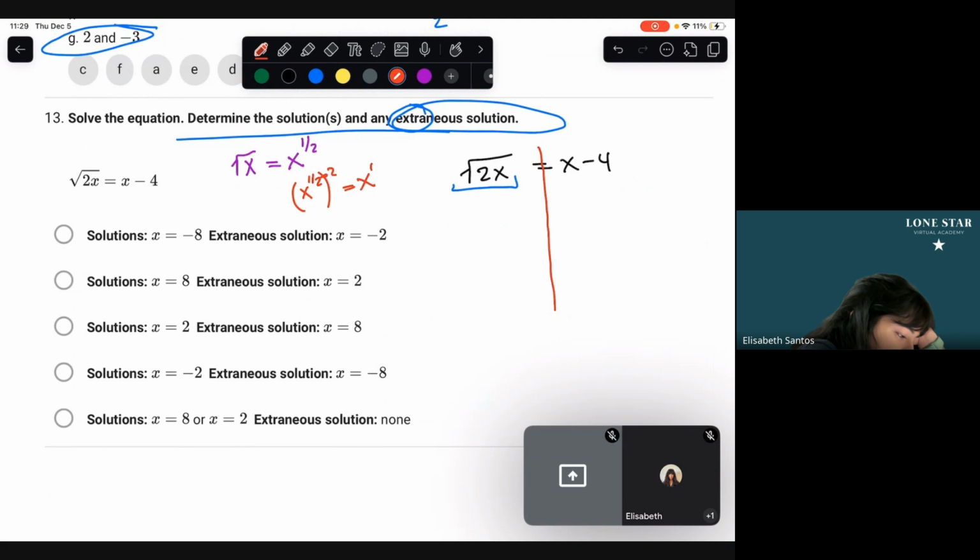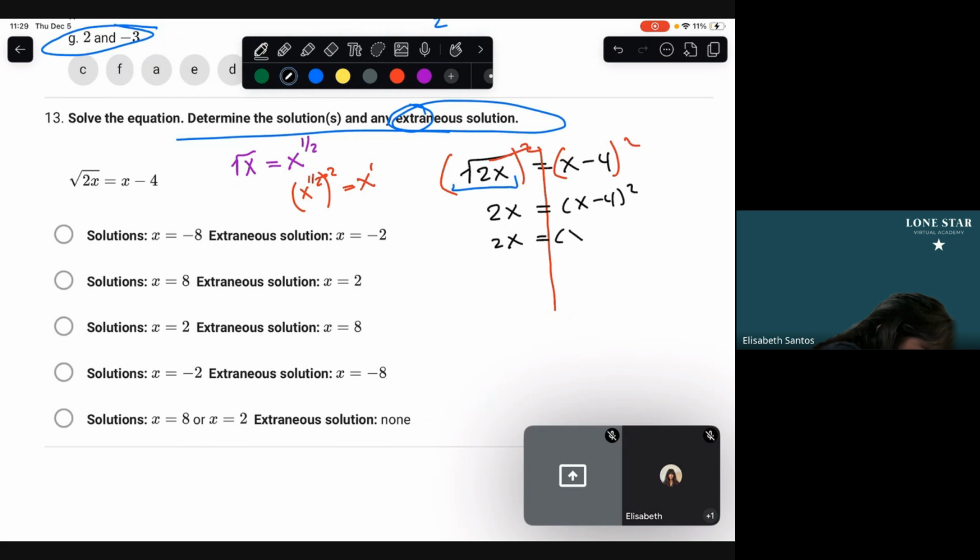Okay, so that is what we're going to do here. We're going to square both sides. Squaring both sides cancels out the square root on one side. So we're left with 2x equals x minus 4 squared. And if you remember, we're going to expand that.